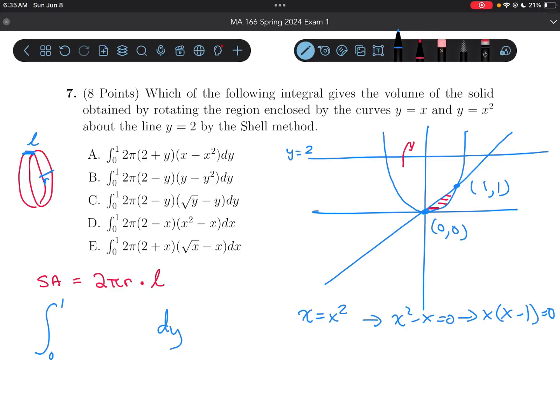Okay. Now there's going to be a 2 pi no matter what. We need to find the value of r. We need to find the value of L. So I'm going to erase all of these here. Okay, so the length of this line segment is L, and r would be the distance from y equals 2 to that line segment.